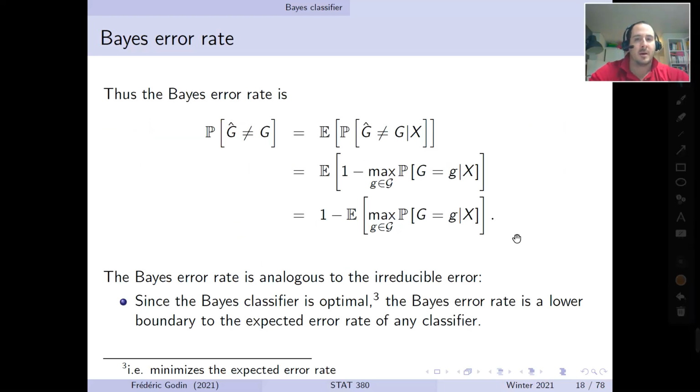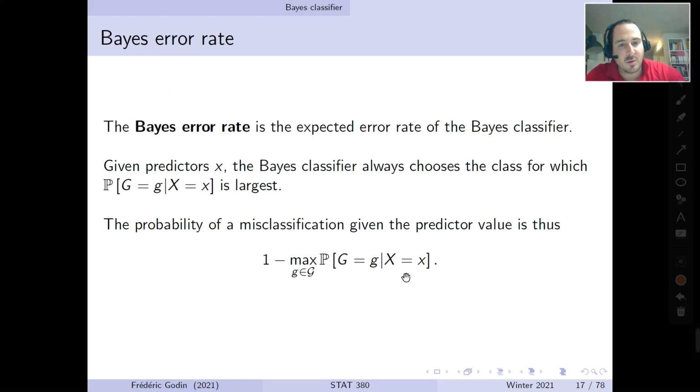Okay, so now to get the Bayes error rate, let's go back to the previous slide. This was for a fixed value of the predictor, but if we want to find the overall error rate, we must weight this whole quantity with respect to the likelihood of each possible value of the predictor.